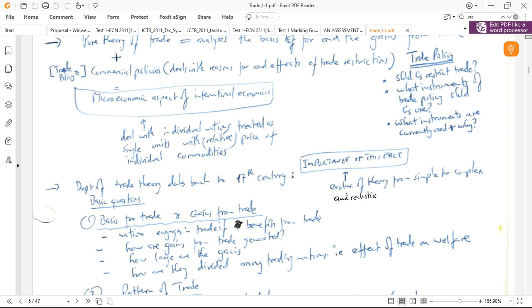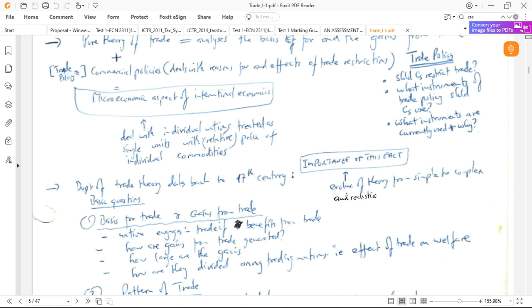For nations to engage in trade, there should be some form of gain. How large are these gains? And at the end of it all, how are they divided among the nations that engage in trade? For you and I to trade, both of us are supposed to benefit, which means you're supposed to gain, I'm supposed to gain.